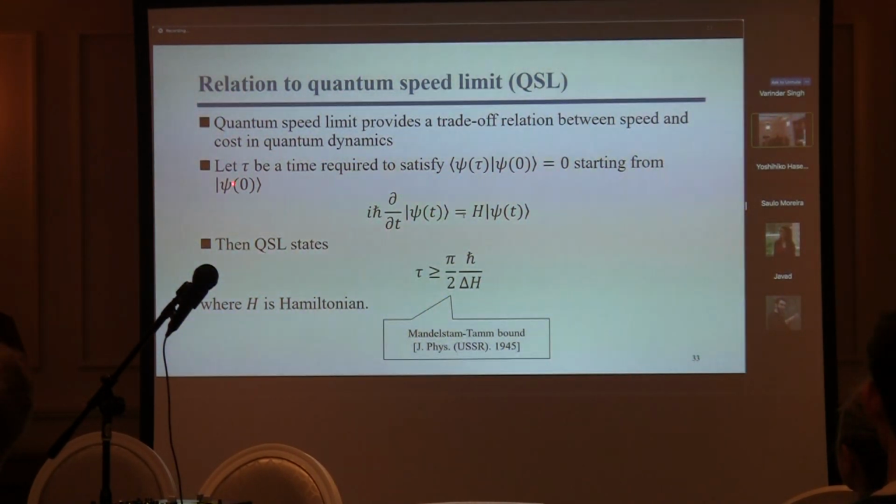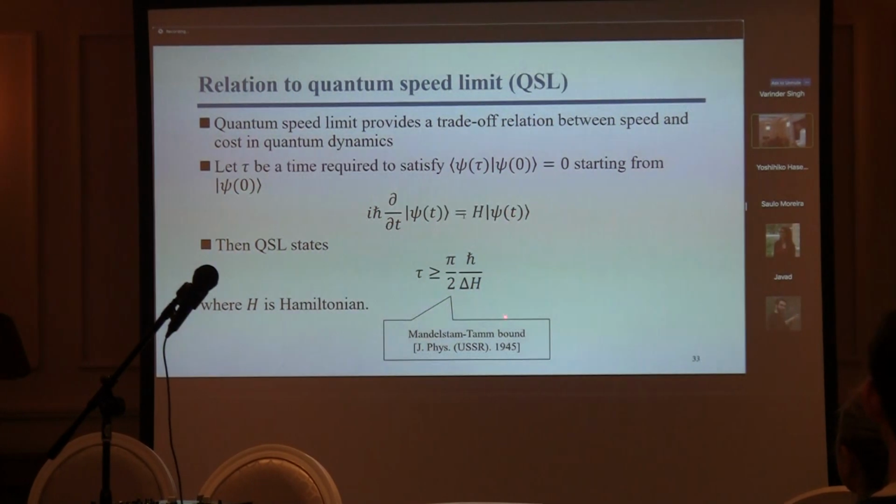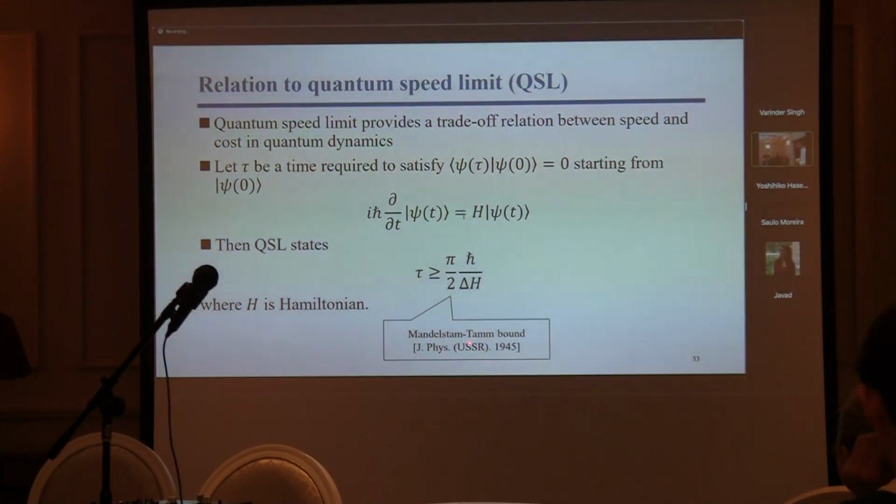For a simple case, we have some closed quantum dynamics, and let tau be the time required to satisfy this orthogonality condition. Then the QSL states that tau should be larger than this quantity. And this bound is the Mandelstam-Tamm bound, MT bound for short.